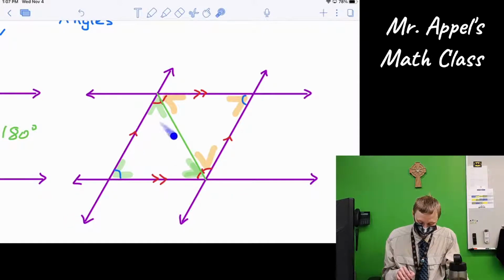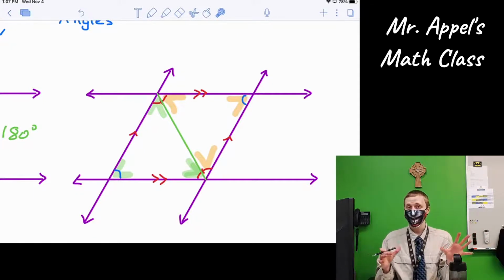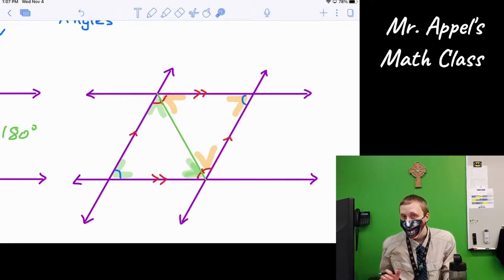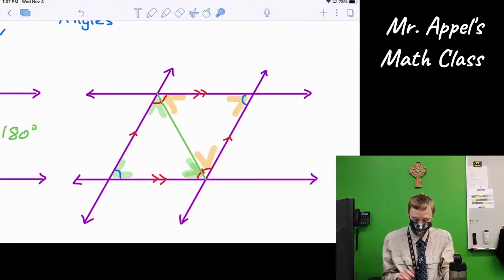So the 3 green angles plus the 3 orange angles. Notice here that we've got a pair of green and orange that create those original red angles from the parallelogram. So I haven't added any new angles. I haven't taken anything away. All of the same degrees are all still there. Okay, we haven't changed that. I've just divided this one into 2 separate pieces.